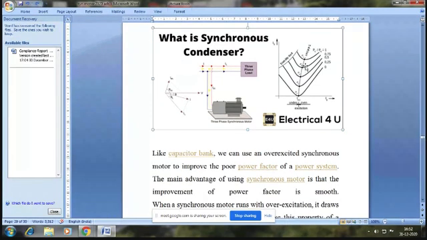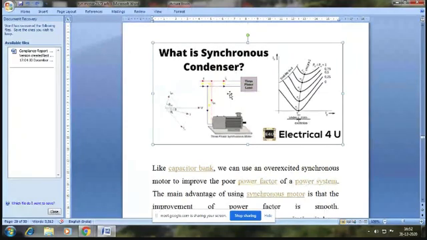Now can we see this diagram in the middle?